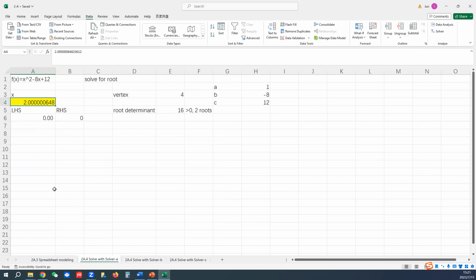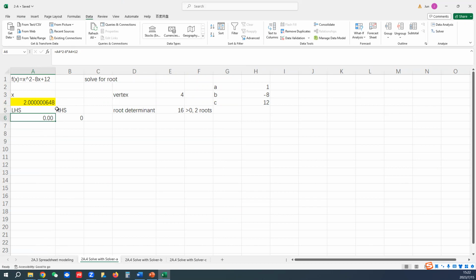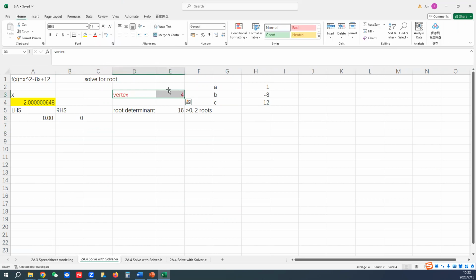When x equals 2, left-hand side equals right-hand side equals 0. That's the root, as we previously solved out. So your question could be, hey, solver can only give me one answer, and here is the default answer that solver gives you. So here you can see the use of vertex.